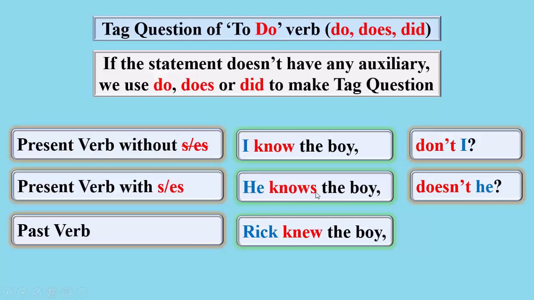Here the verb is in the present form and with an s, so the answer should start with does. Now, Rick knew the boy. Here the verb is in the past form. So if the verb is in the past form, the only auxiliary is did. As the sentence is in the affirmative form, we must write didn't. So the answer is, didn't he?